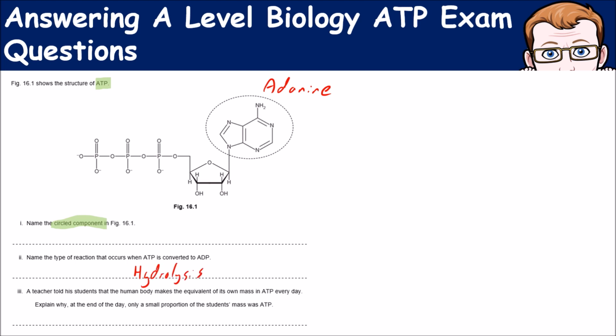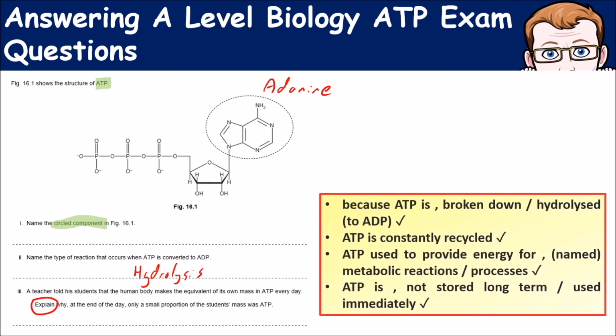In part 3, a teacher told his students that the human body makes the equivalent of its own mass in ATP every day. Explain why, at the end of the day, only a small proportion of the mass is made up of ATP. The important bit there is the explain part. There are a number of key things that you could talk about. You could talk about the fact that the ATP is broken down, or hydrolyzed, to form ADP.